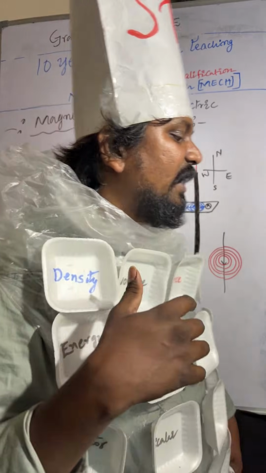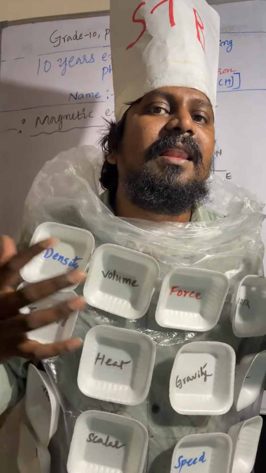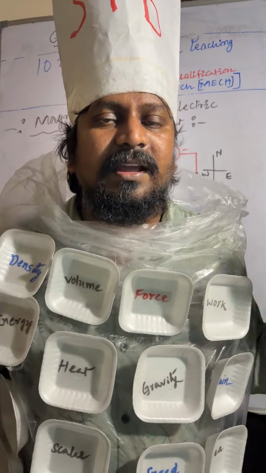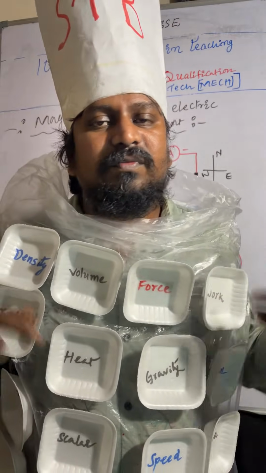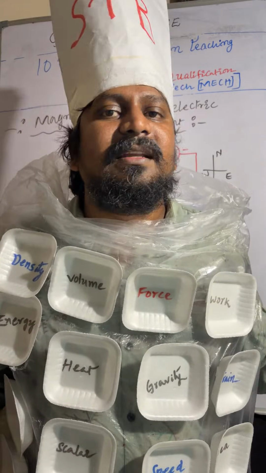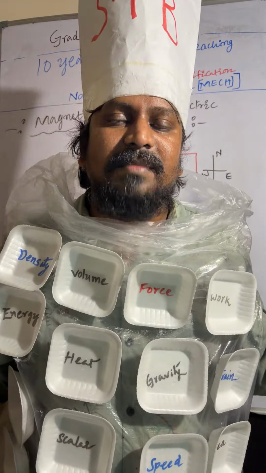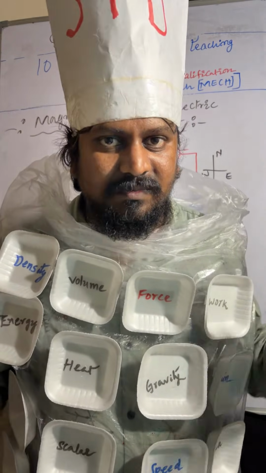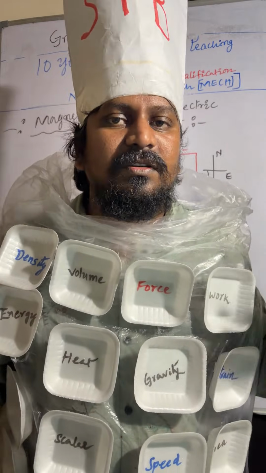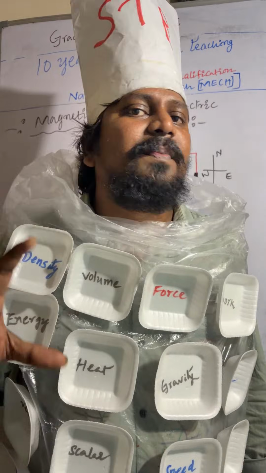And one more thing, if you send the current, the conductor will behave as a magnet. If you remove the current, if you remove the battery, the conductor does not act as a magnet, so it does not produce any magnetic field. So it is a temporary magnet.